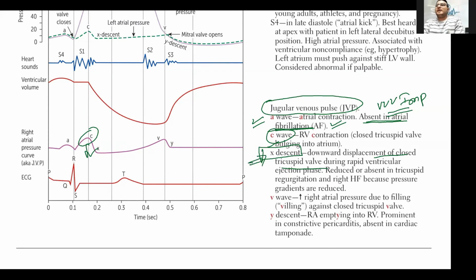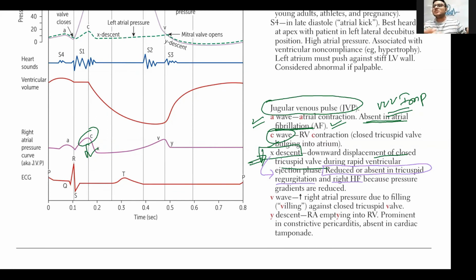X descent is absent in tricuspid regurgitation and right heart failure. Why? Because the pressure gradient is reduced, because there will be no ejection.